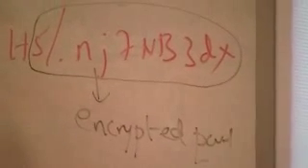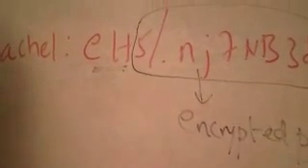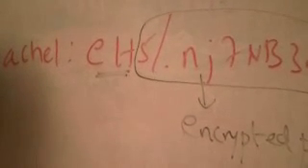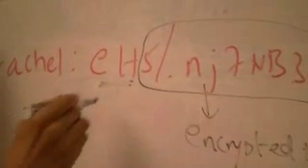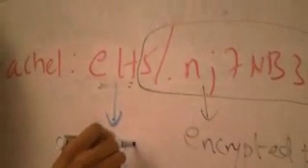The first two characters are called the salt value. Remember we talked about salting before, to mitigate, not avoid, you cannot really avoid, but you can reduce the chances of a dictionary attack. So the first two characters form the salt value for the password.